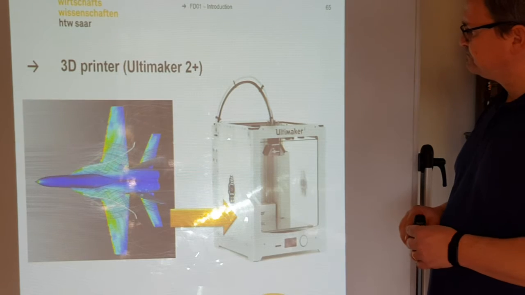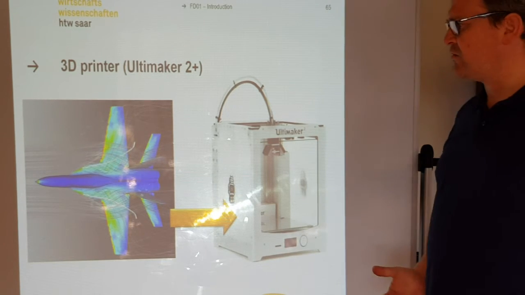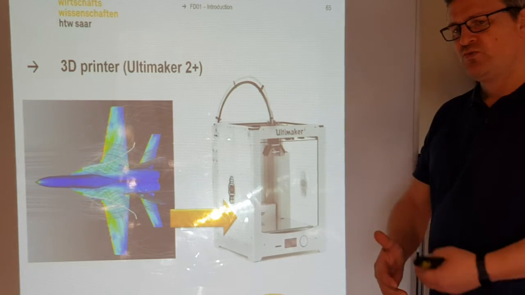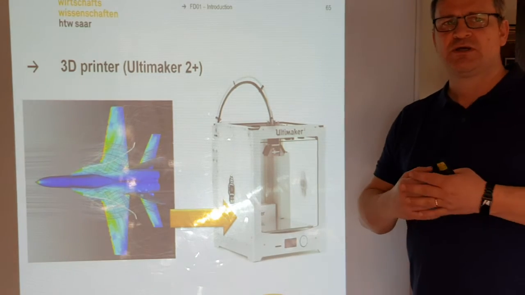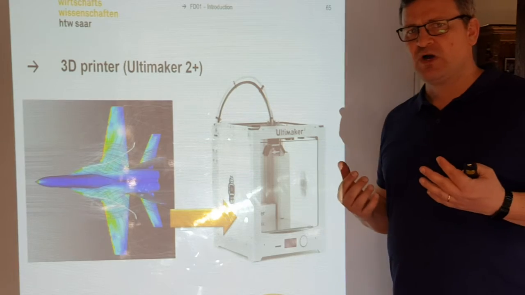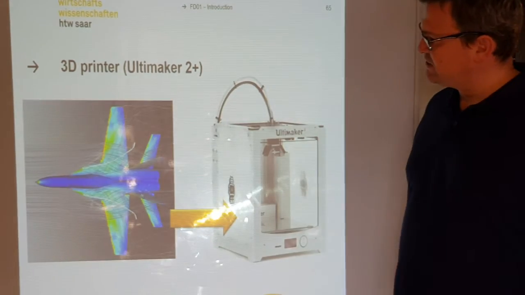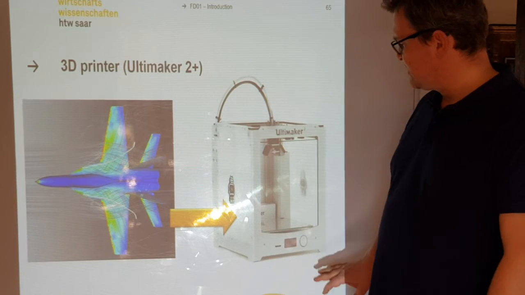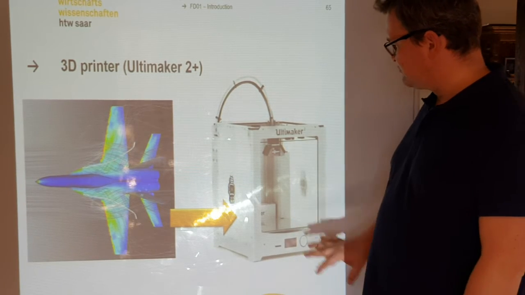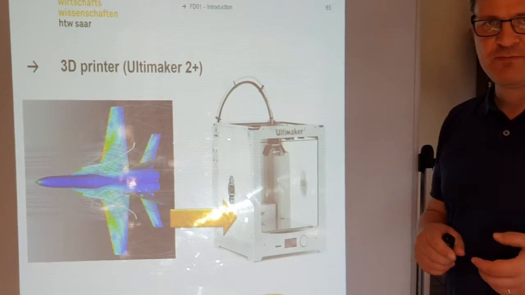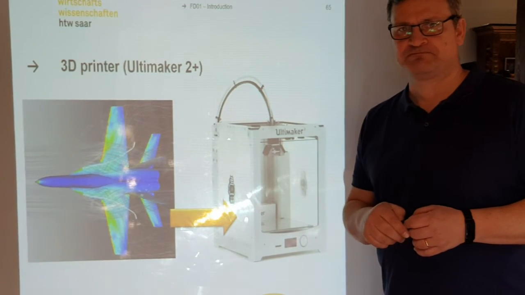And then, if you have your optimum geometry, nowadays it's really easy. We construct it in the computer, we make a computer model, and if we optimize the model, if we have a better geometry, then we just go to our 3D printer here, we print it, and then we can make experimental examinations.